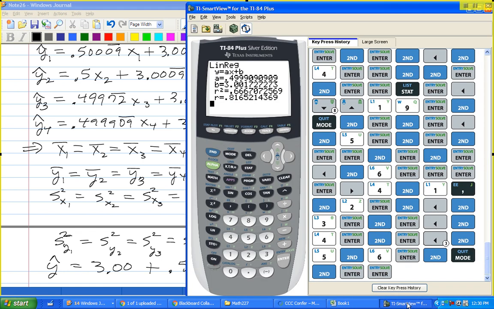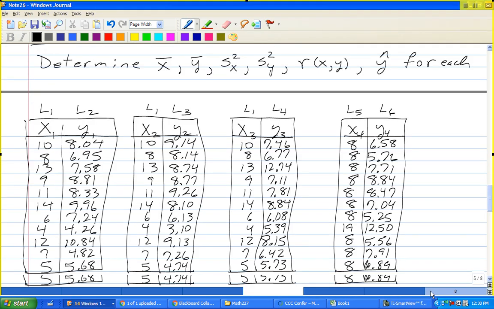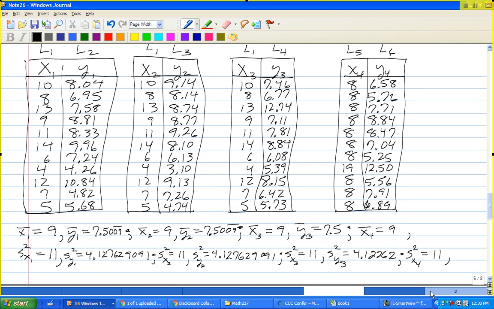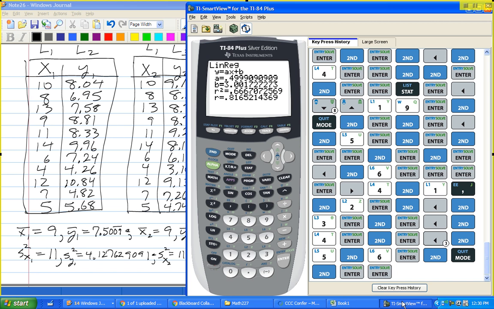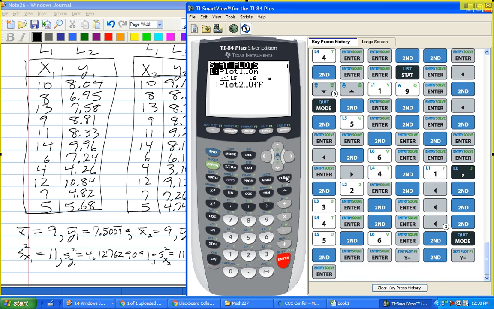So now let's go back up here. So here is this set of data here. So if I draw a nice little scatter plot, yeah, just do the first one. Let's do a nice little scatter plot.